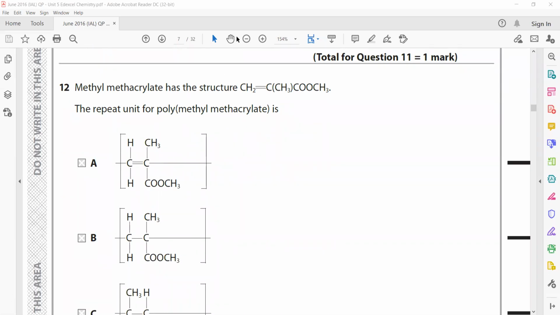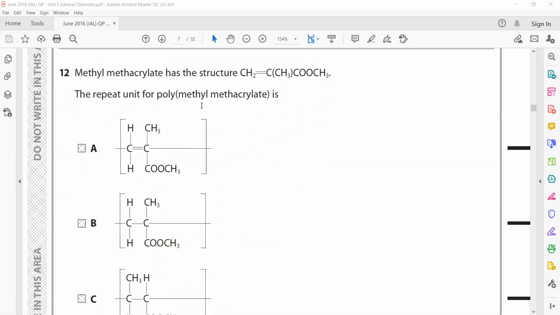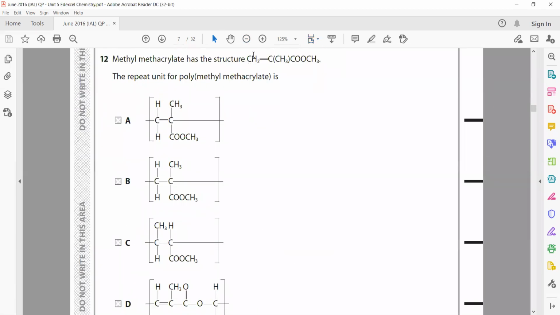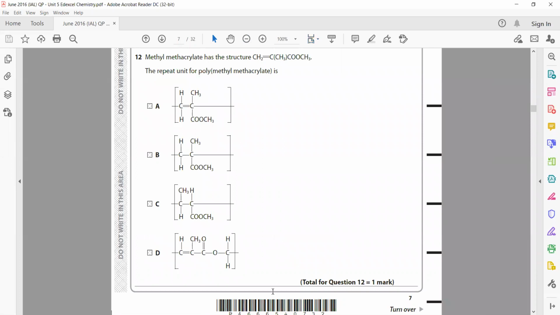Methyl acrylate has the structure shown. So, the repeat unit. For this structure, how can we draw it? Basically, it is forming an addition polymer.